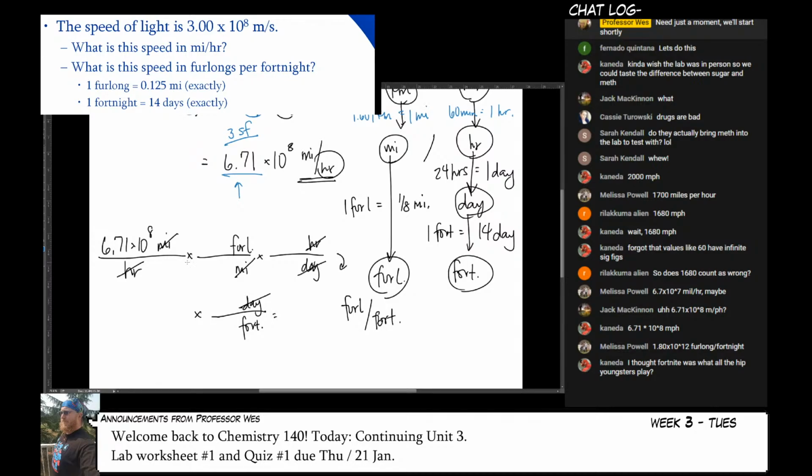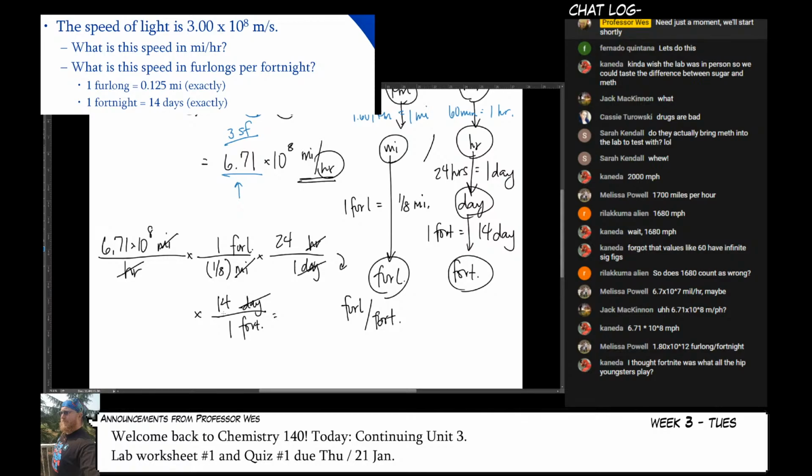All right, let's fill in the numbers. A furlong is 1/8 of a mile, or 0.125. There are 24 hours in one day. And then there are 14 days in a fortnight.